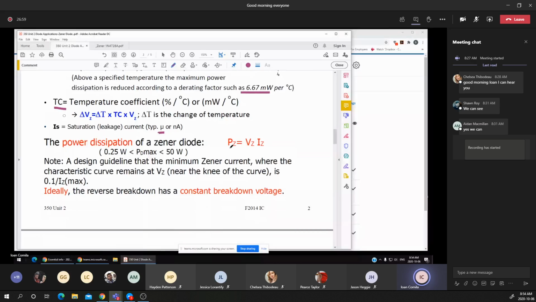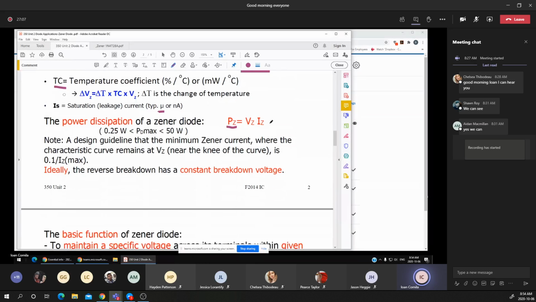Power dissipation is the PZ or the PD, which has the same meaning, and is the VZ multiplied by IZ. Make sure that you understand the value of the IZ is the maximum value, which gives you the PD max. If it is the testing value, it will be the IZT, which means the power dissipation for a test value of the current is directly proportional to the test current.